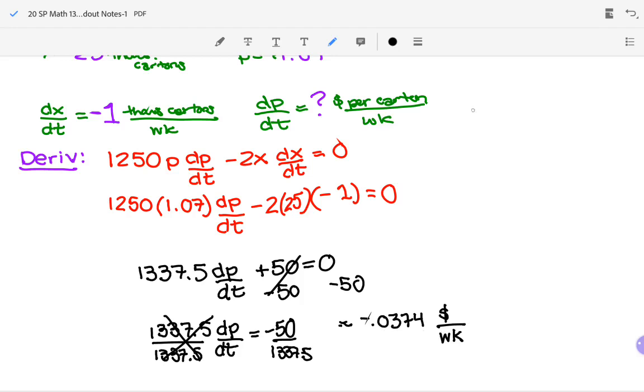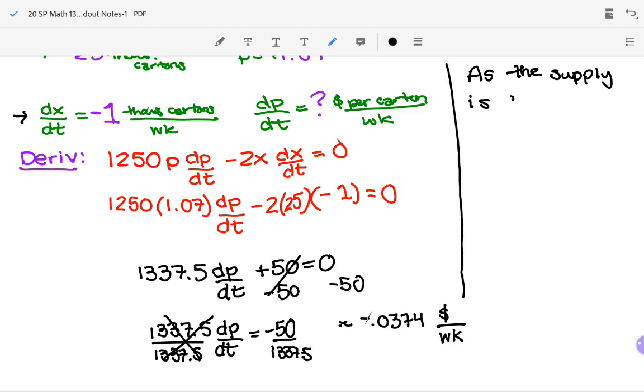So first we're going to say what was given to us, and then we're going to say what happened to what we found. So what was given to us, our derivative that we were given was this dx dt. So that stood for supply. So as the supply is what?